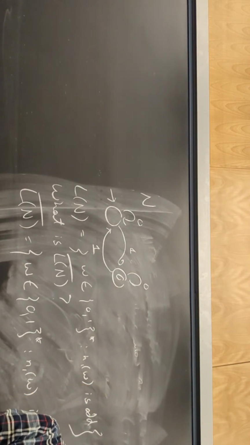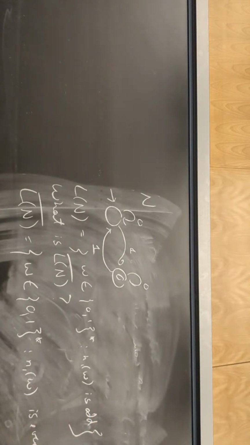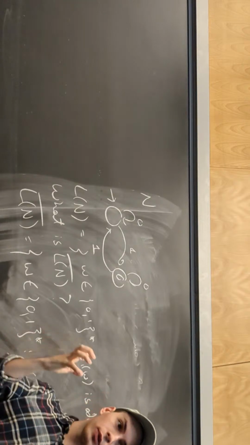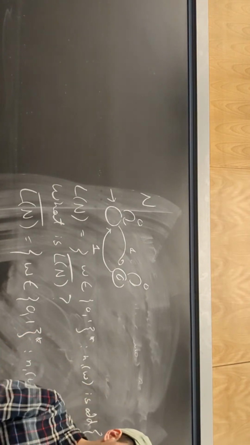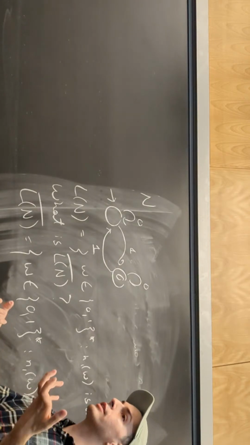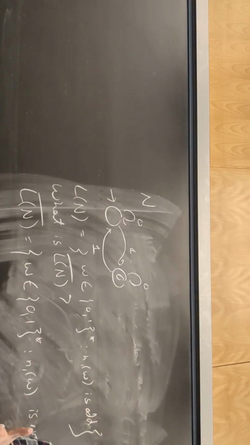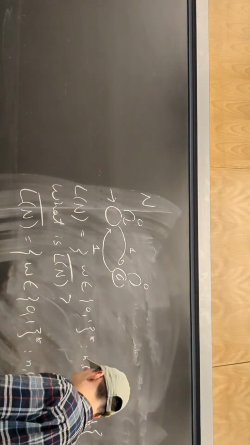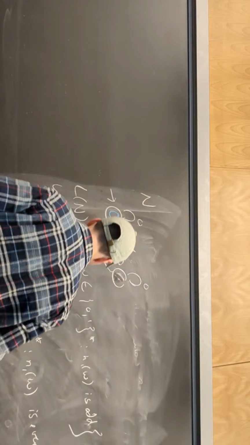Notice that's not necessarily true in an NFA. In an NFA, if you give it an input string, it could end up in two states. So for DFAs, if every input string ends up at exactly one state, you can take all of the accept states and make them not accept states, and take all of the not accept states and make them accept states.